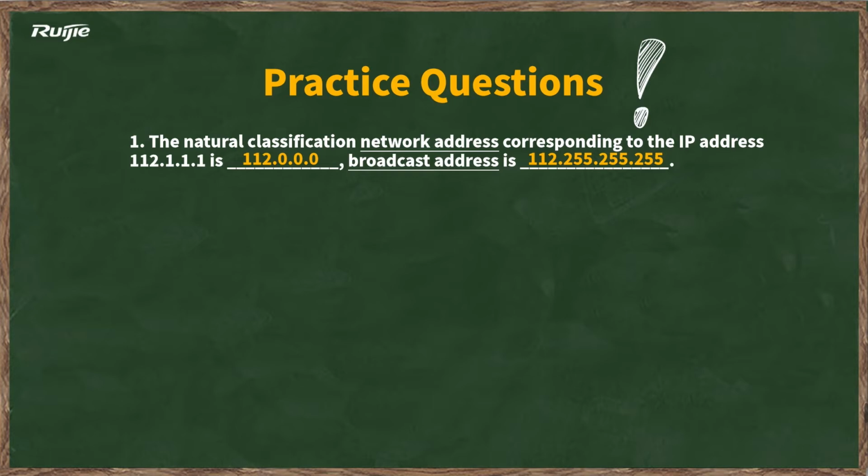Why do we have this question? Because when you do network planning, you have to exclude the network address and the broadcast address, because these two addresses cannot be used for devices, maybe the router, maybe your terminal. So how to calculate them? First, we have to find which classification the IP address belongs to.